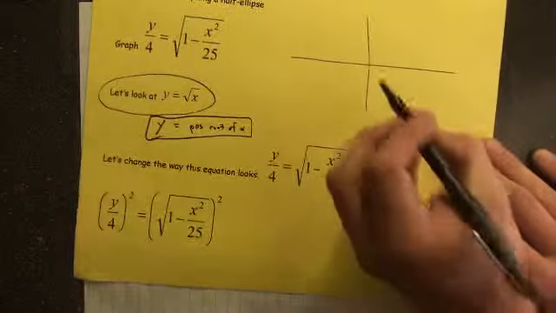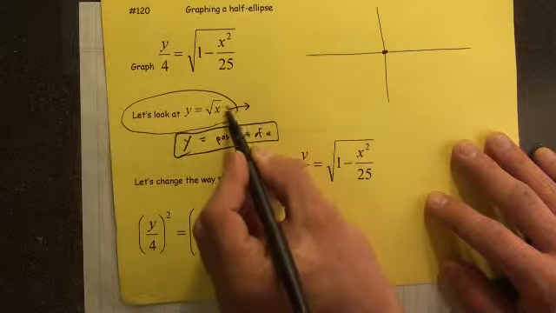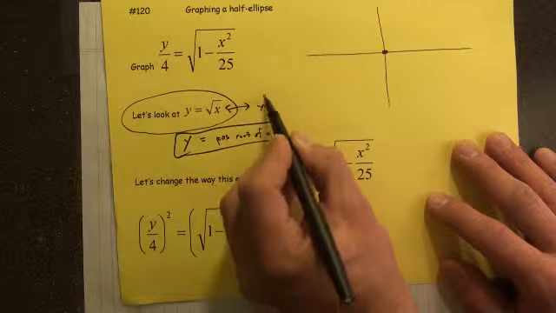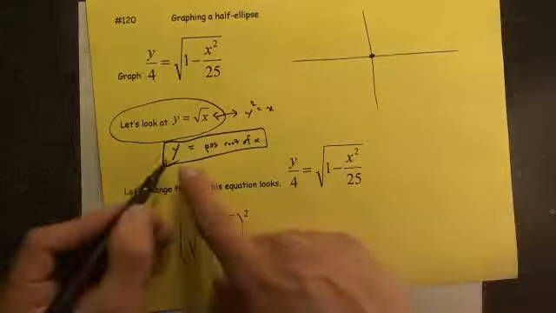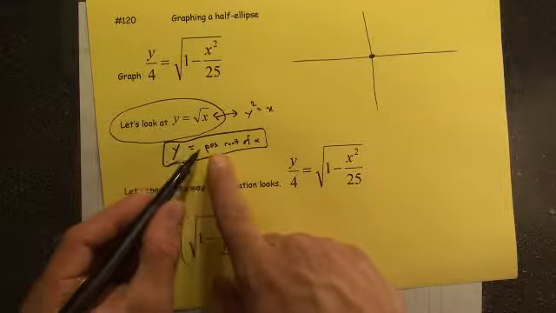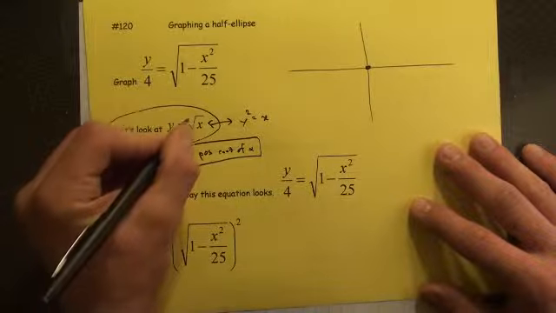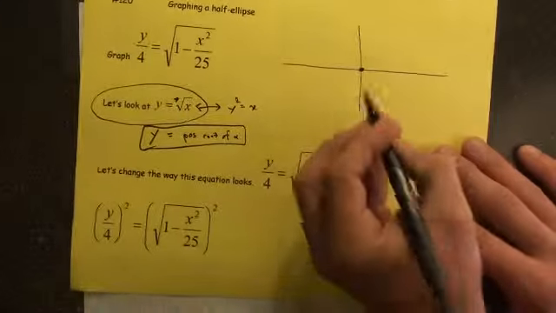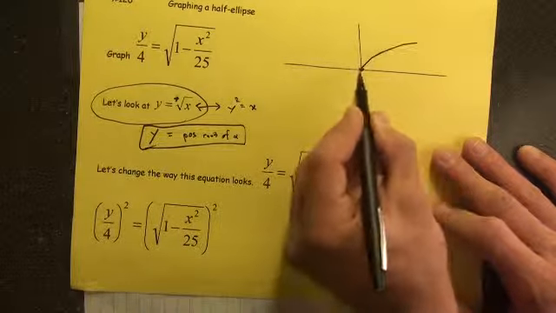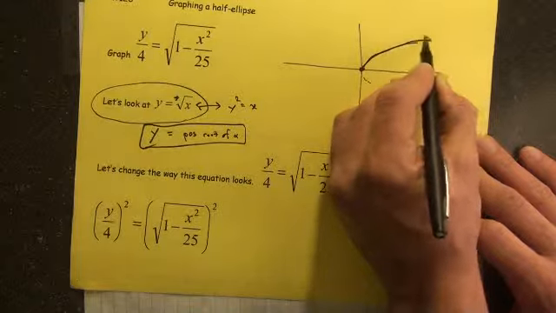So if you were to change the way this graph looked, you would do y squared equals x if you square both sides. But it's saying the y values have to be positive. We can assume there's a plus sign in front, which means instead of this being a full parabola, we're actually only doing this.